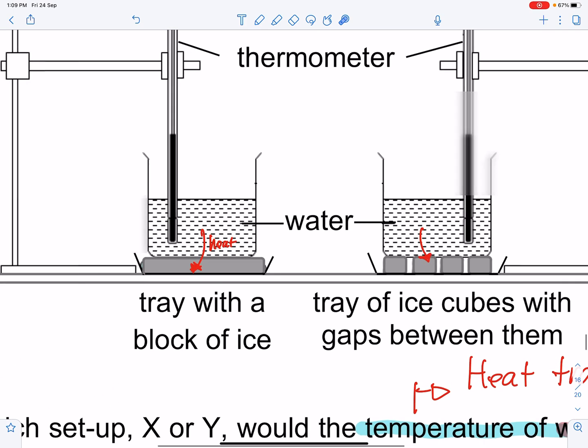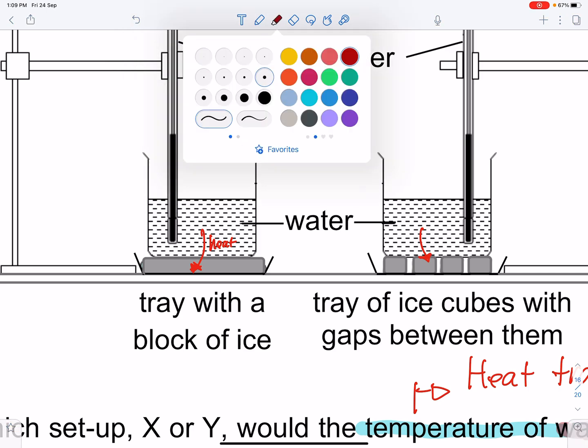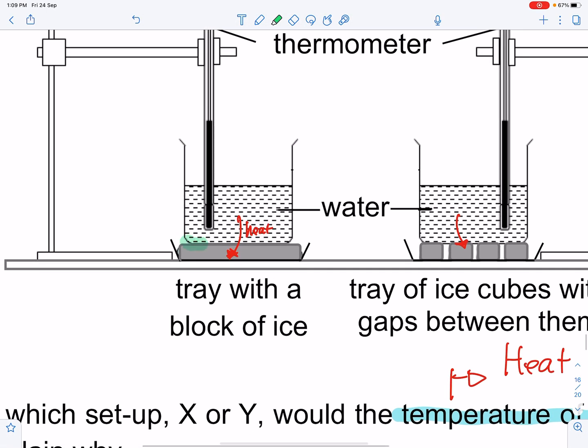What are they looking at? They're actually looking at the amount of surface area in contact. So if you take a look at these two, this one would have a smaller surface area in contact with the ice, because it's just here only.